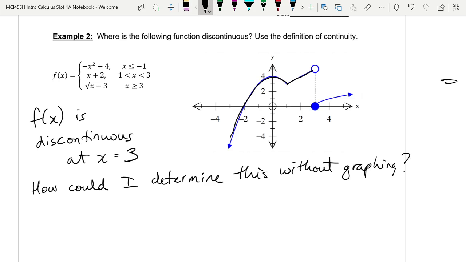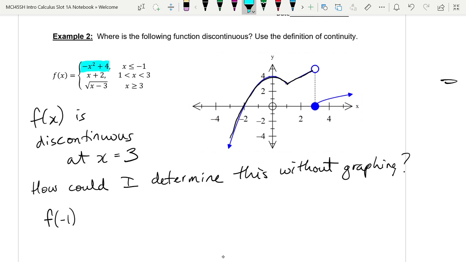Well, I'm going to take f of -1 and figure out what that is in the two parts of f of x that are bounded by -1.